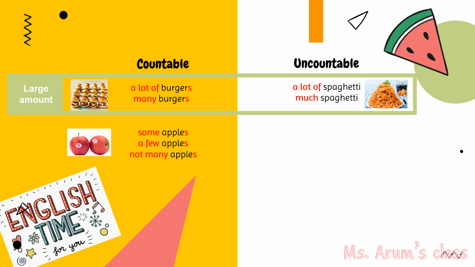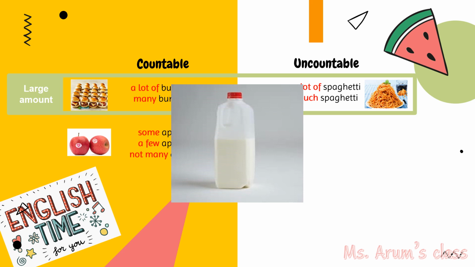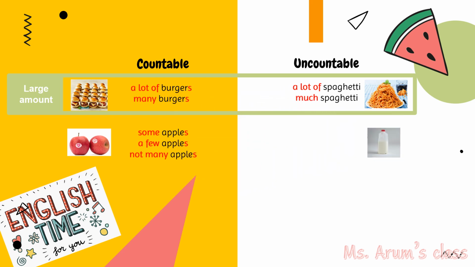Alright, what about if you have like only a half bottle of milk, like this? How do you describe it? Very good. You can also use some milk. Now there are two other ways to describe the amount of the milk. Like what? Using a little.